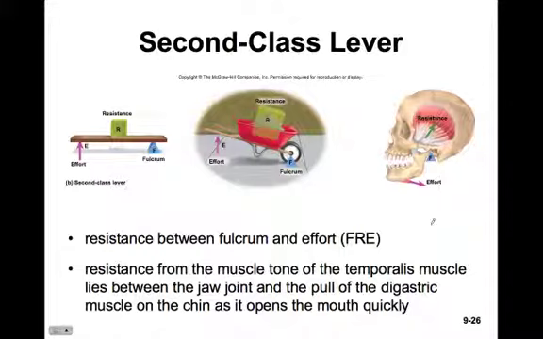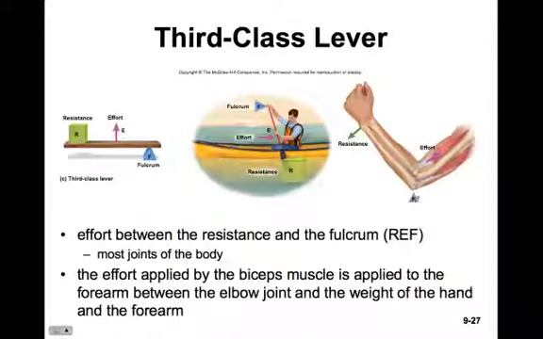We see that the temporalis muscle is applying a resistance to keep the jaw closed, and the effort is by the digastric muscle on the chin. The fulcrum is outside of both of those. It may be hard to parallel to the wheelbarrow because it's sort of upside down, but the same mechanics apply.